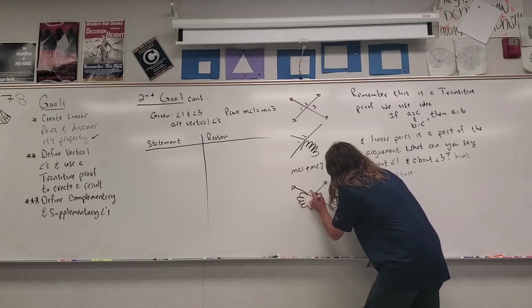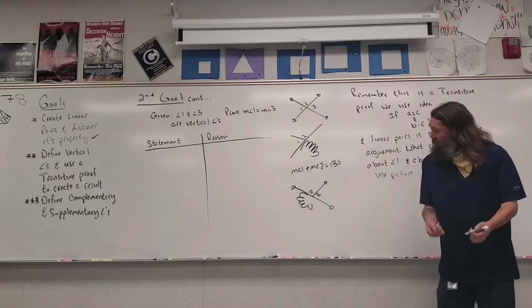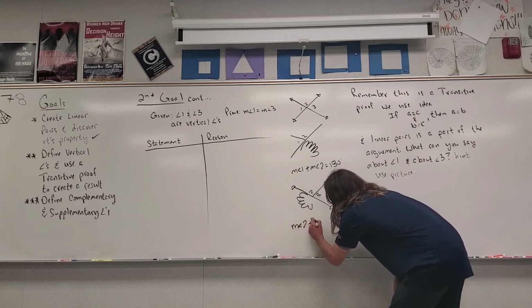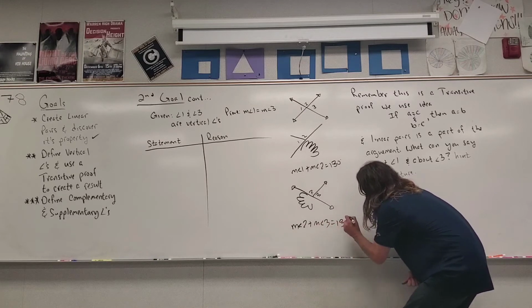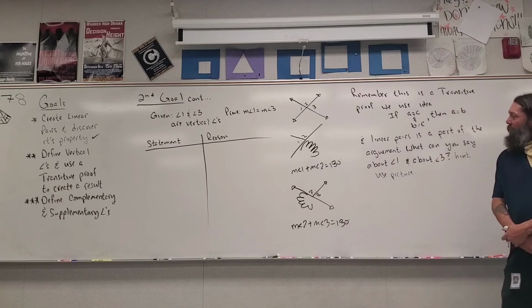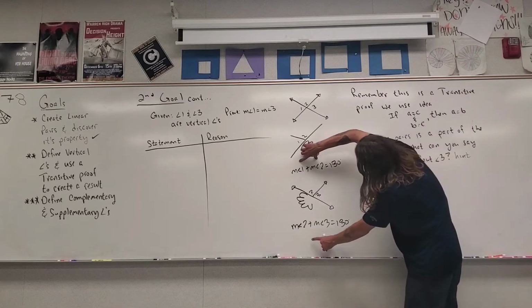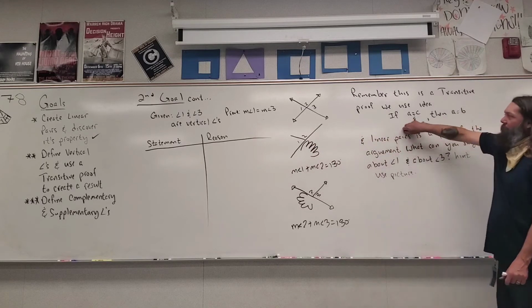So here I have another pair of linear pairs, and again, I can say that the measure of angle 2 plus the measure of angle 3 equals 180 degrees. Well, guess what we've created when we recognize that we have linear pairs? If two things are equal to a third thing, then those two things must be equal.